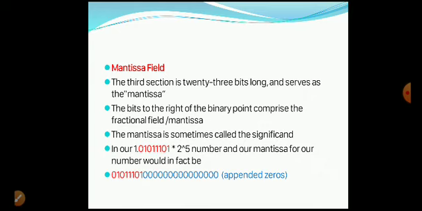But in our format, the Mantissa field has 23 bits, and right now there are only 8 bits. So the remaining zeros are appended so that it becomes a total of 23 bits of Mantissa field. So this is the procedure.